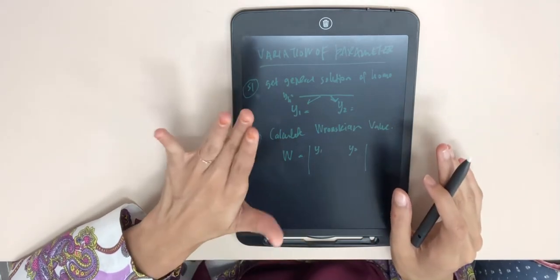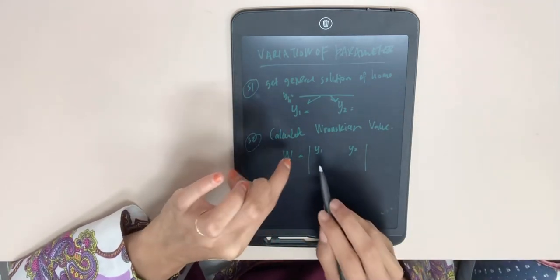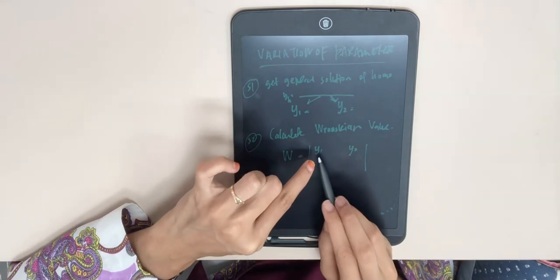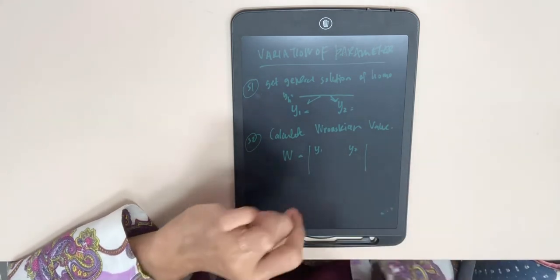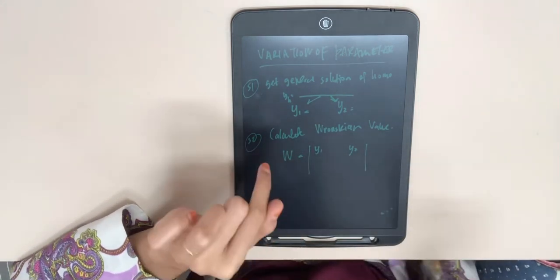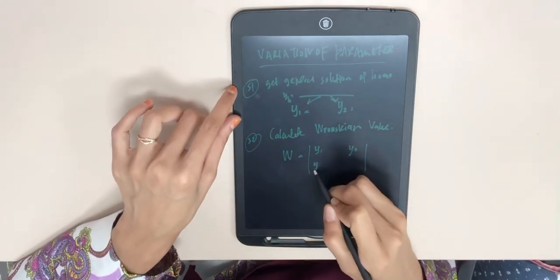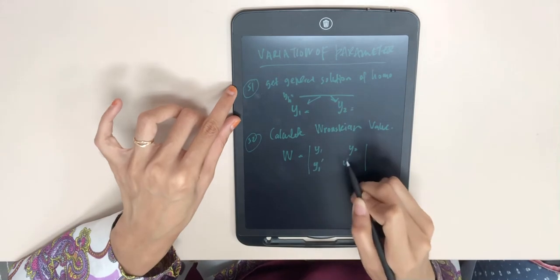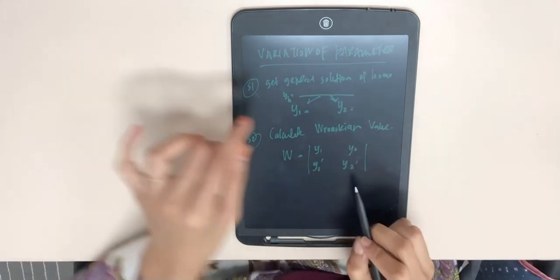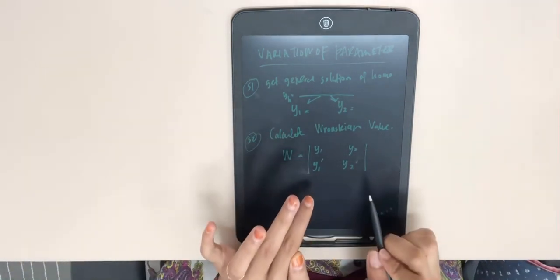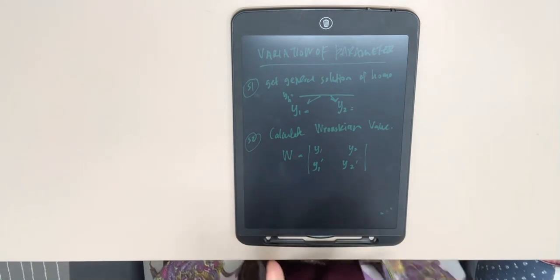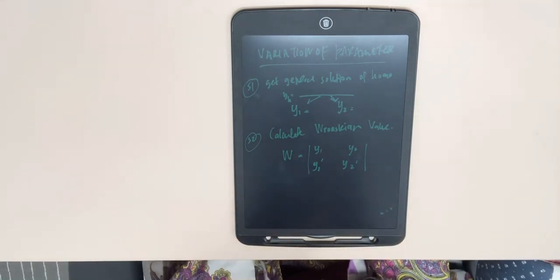It's the same for the Wronskian: if your Y1 and Y2 are different from mine, your calculation may be reversed from mine, but it's okay. Then the second row is Y1 prime and Y2 prime. What is meant by Y1 prime or Y2 prime? You need to differentiate your Y1 and also your Y2.